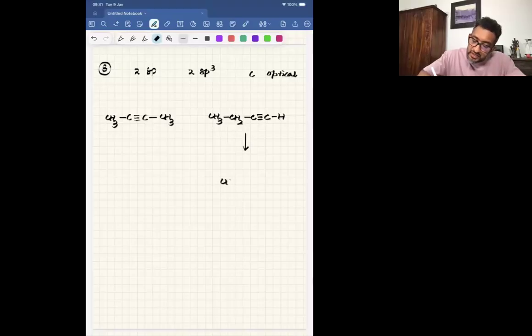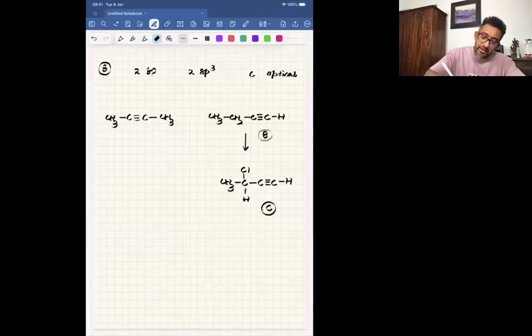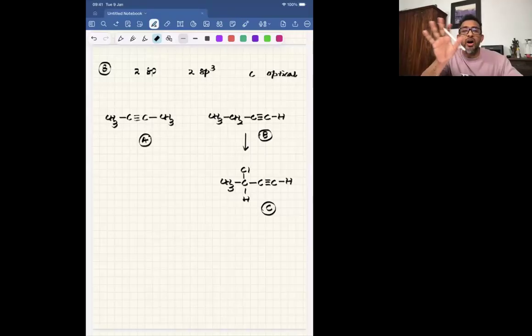CH3, C with Cl replacing this, and then this is hydrogen, and this gives you C triple bond CH. That is compound C. This is compound B, and this is A. For A, when you replace hydrogens, there are 3 equivalent hydrogens, so nothing happens.